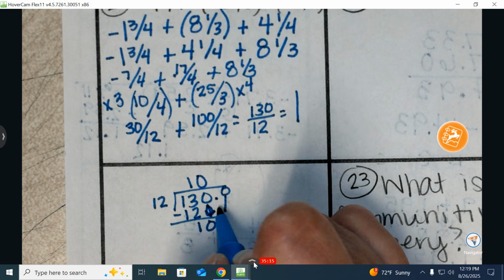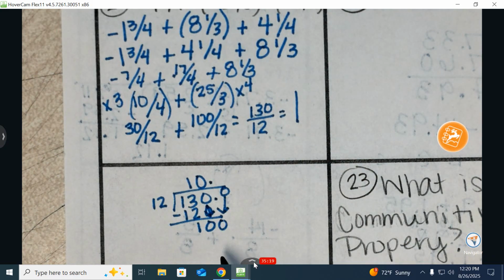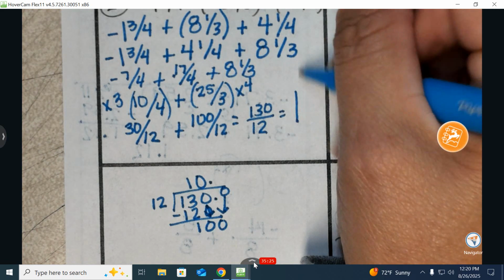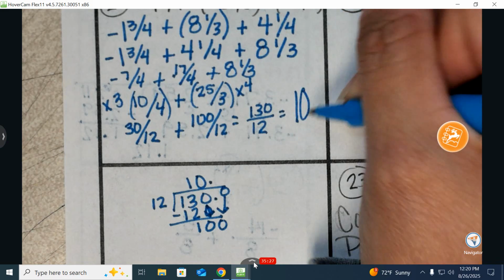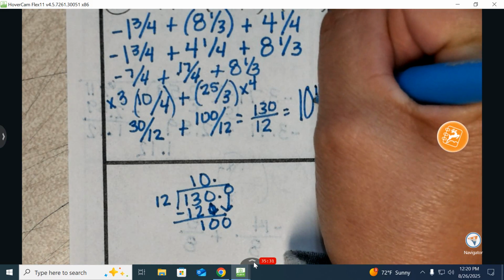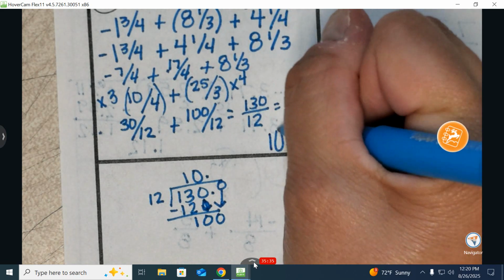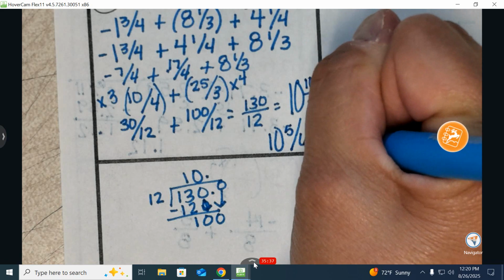I'm going to bring down another 0. 12 will go into 100. I can just say 10 times with 10 twelfths left, which would be 10 and 5/6.